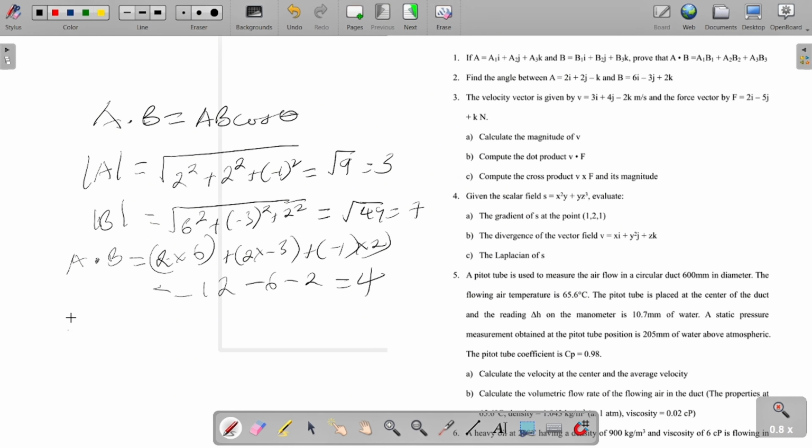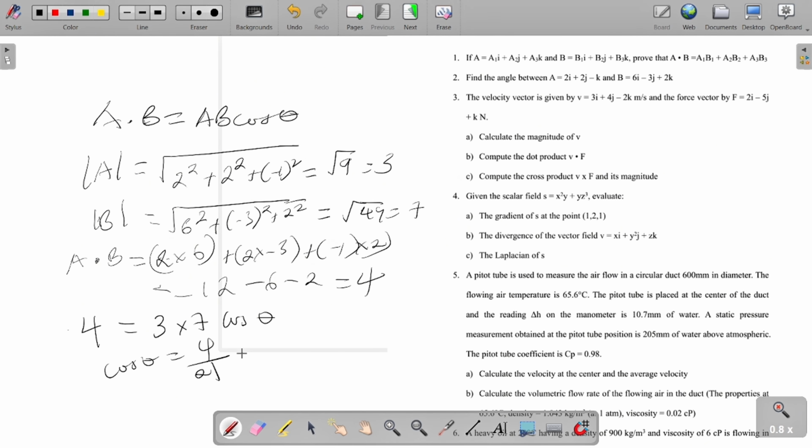So the dot product, which is 4, will be equal to the magnitude of A, which is 3, times the magnitude of B, which is 7, times cos theta. If I want to find cos theta, it will be equal to 4 divided by what? 21, because 3 times 7 is 21.